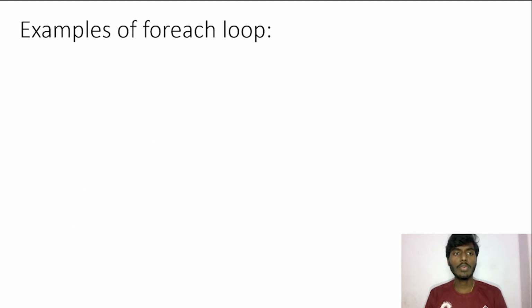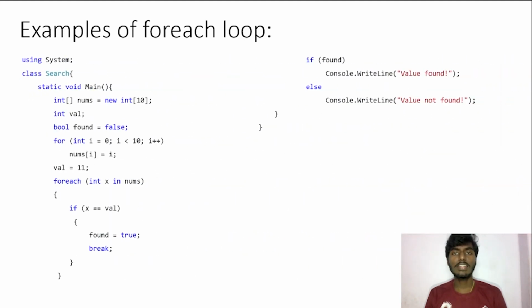Let's see another program in which a searching method is done across the array nums, where the value 11 is being searched throughout the array. The val variable has been assigned as 11, and it is being checked in the for each loop. If x equals val, then found equals true.